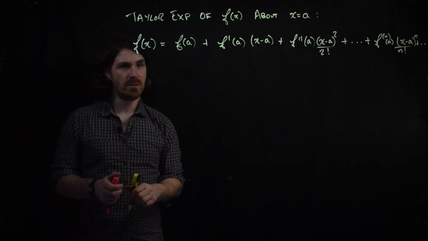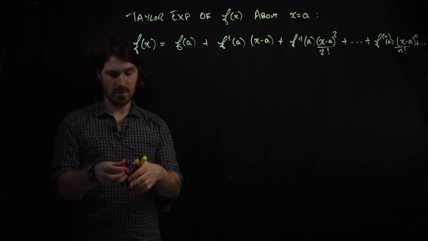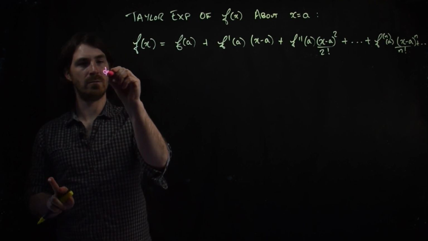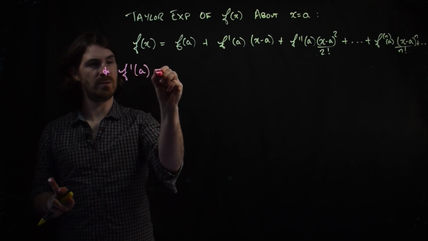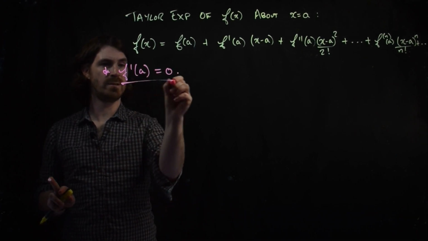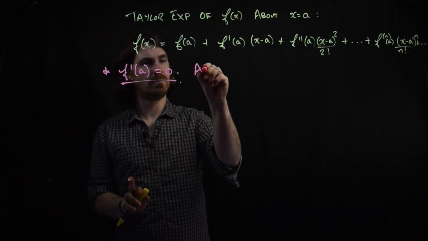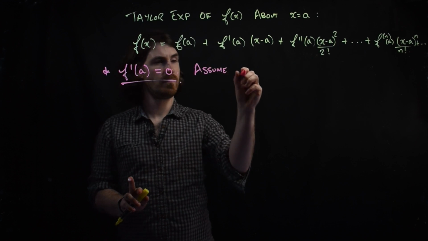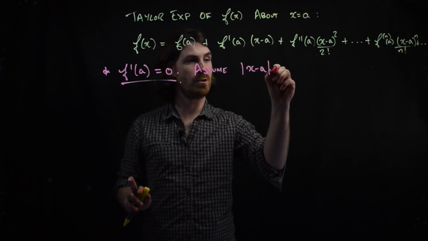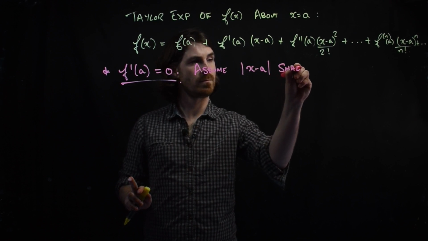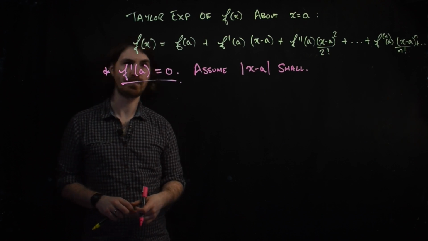Okay, so what does this tell us? Let's think about what happens when f prime of a equals 0. And let's assume that the modulus of x minus a is small, so close to 0, much less than 1.